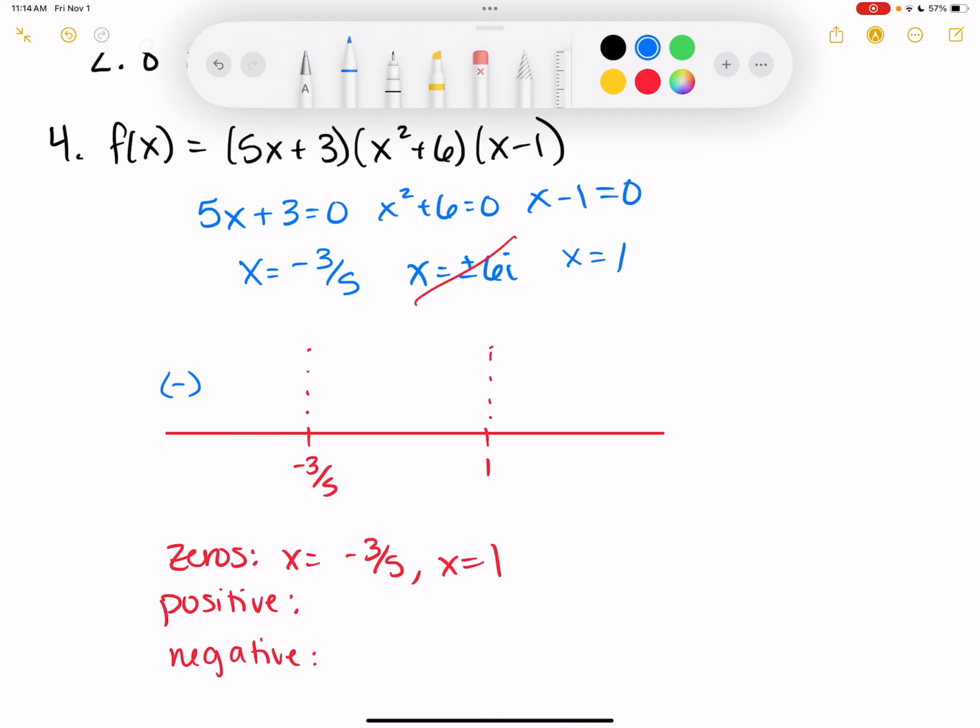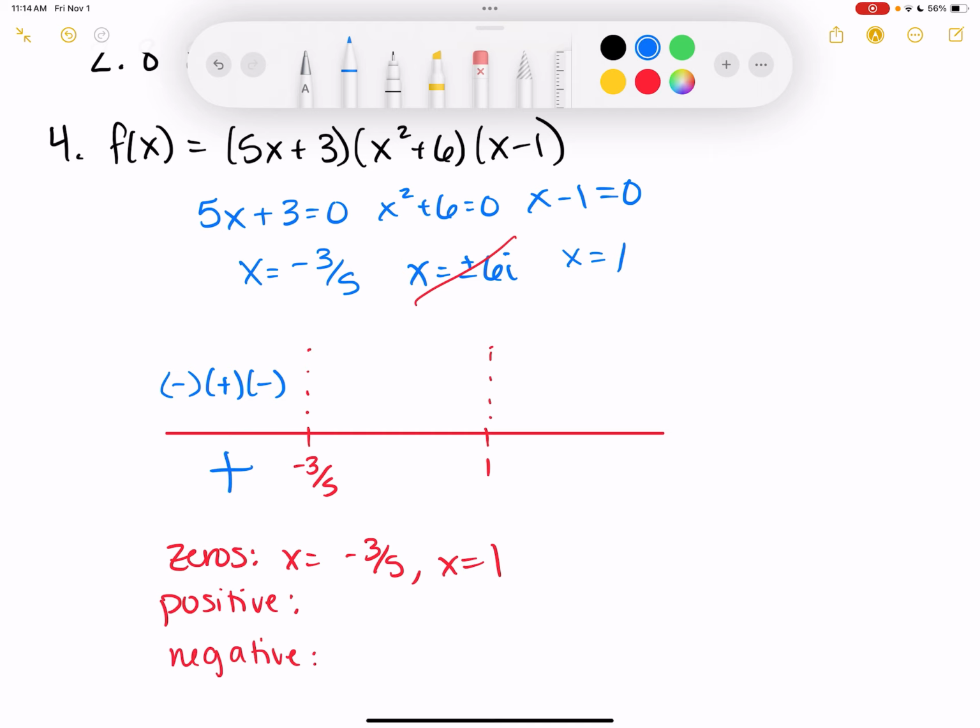Here, it's positive. Here, negative. So negative times positive times negative is positive. So I know that's going to be a positive interval.